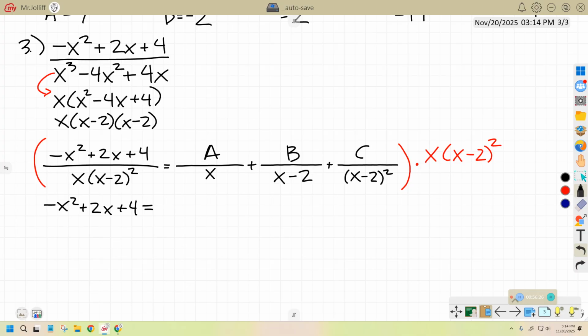On the right, anything that's not in the denominator will be left over. It won't cancel. So for the A, the x is going to cancel. The x minus 2 squared is not. A dropped out, the rest was left over. Second fraction, I'm going to have a B. And I heard I'm going to have an x, I agree.